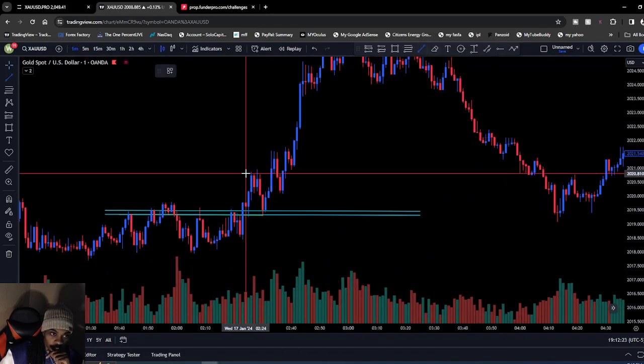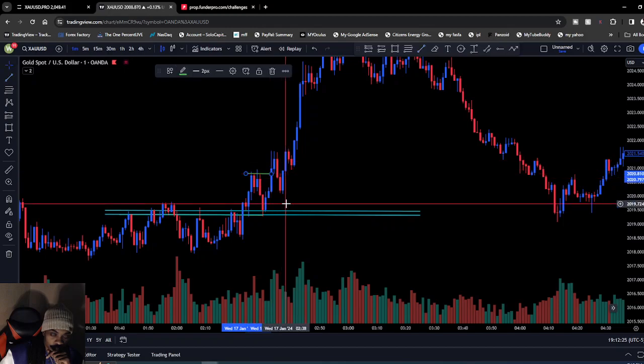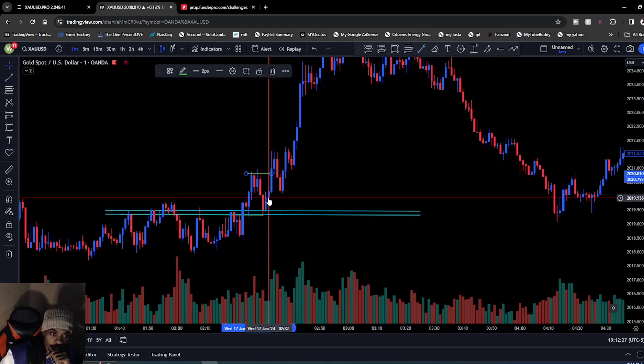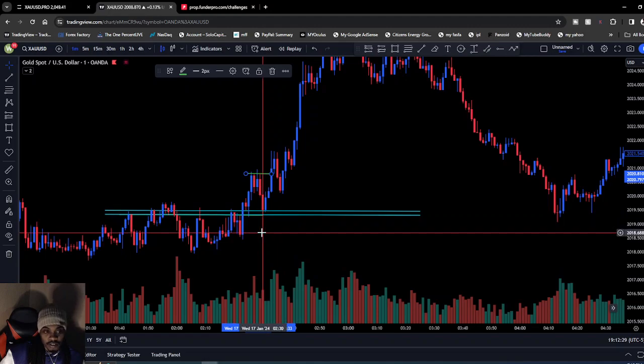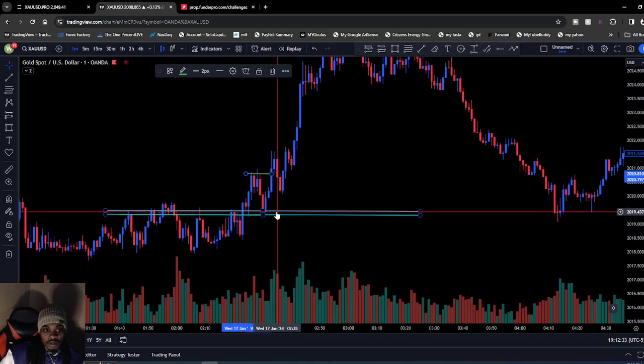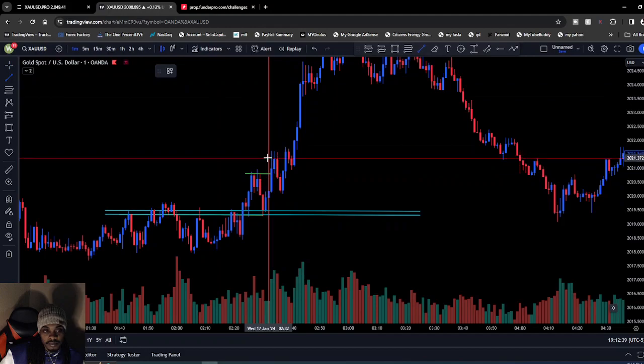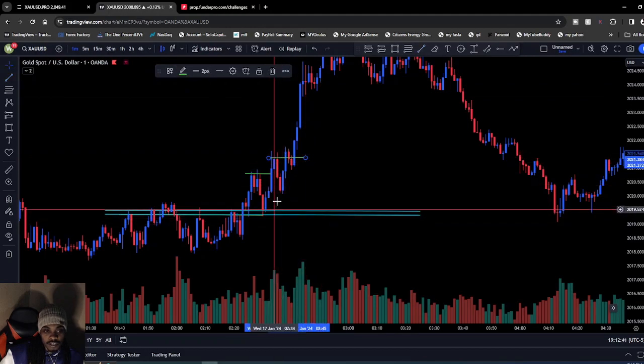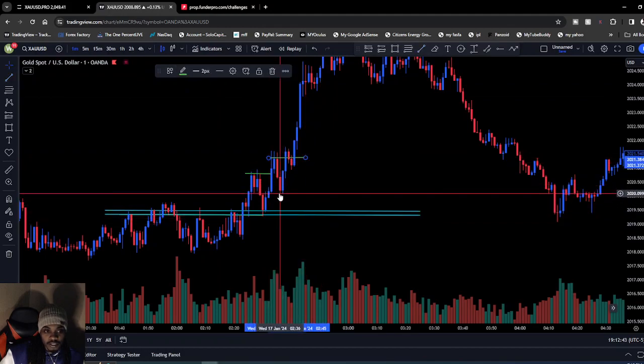So once it breaks structure, you could put, let's say your stop loss was down here below the zone. Now you can move it up, say near these wicks. When it breaks structure again, with your stop loss below this structure.